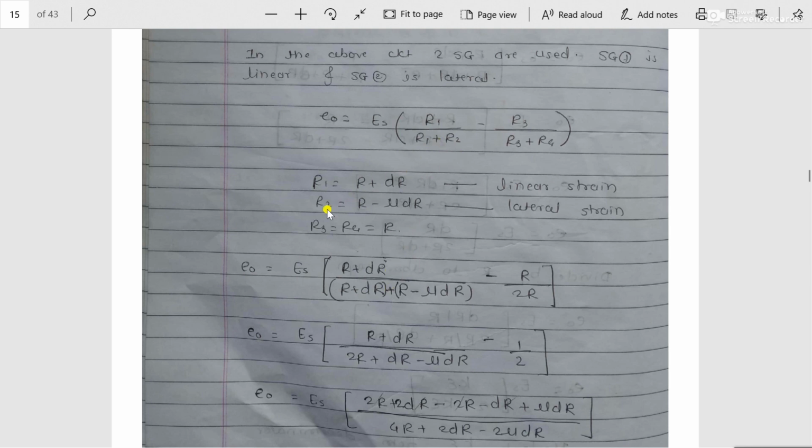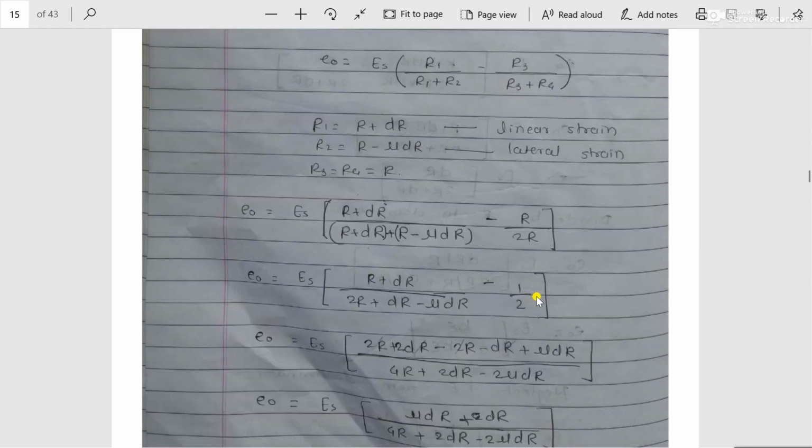The value of R2 I have calculated for the bridge circuit, that is R minus mu into delta R, because this is the lateral strain gauge. So put the value of R2, that is R minus mu into delta R, this minus sign as it is. Instead of R3 and R4 I have to take the value of R. Therefore at the numerator only R is present, at the denominator R3 plus R4, that means R plus R. This denominator becomes 2R.